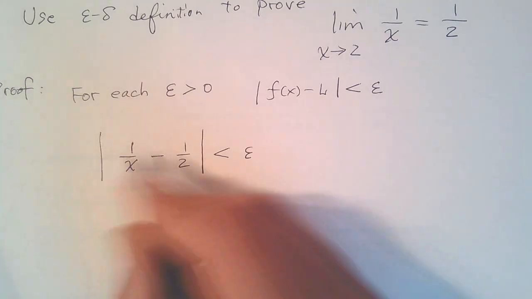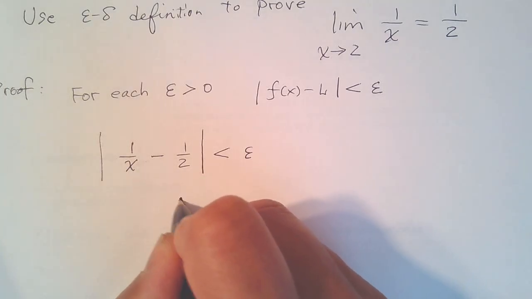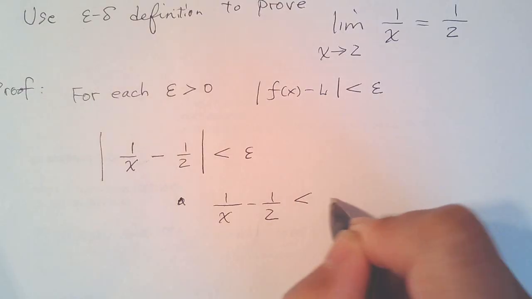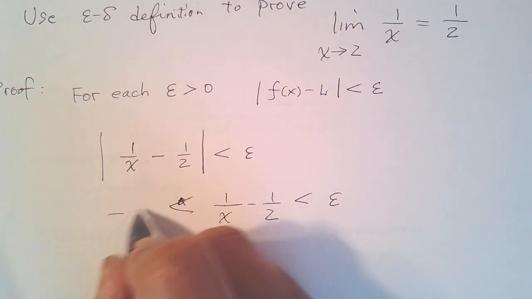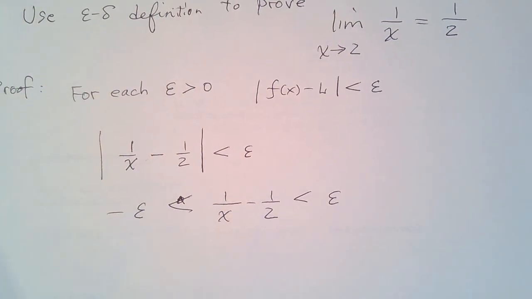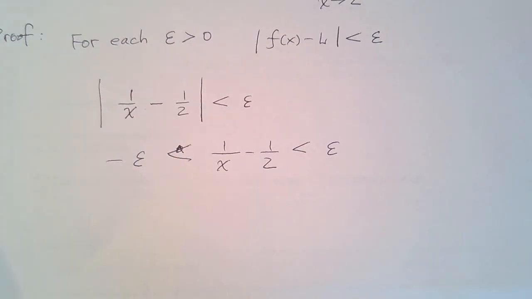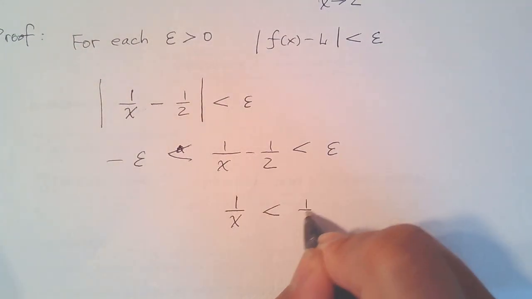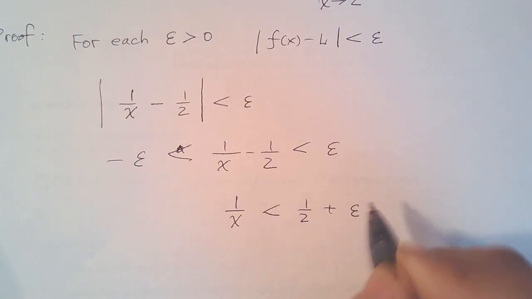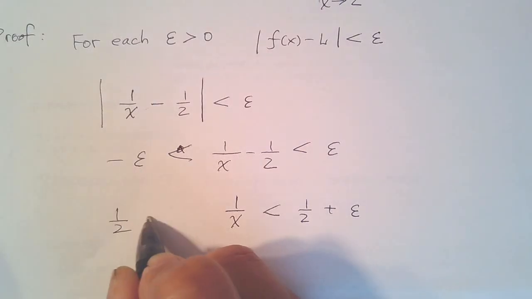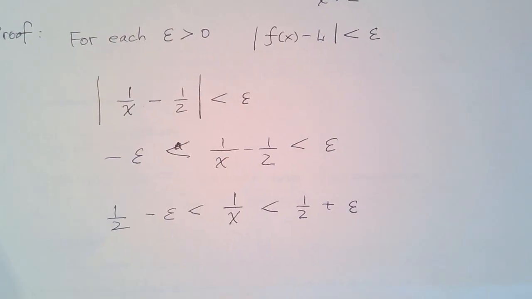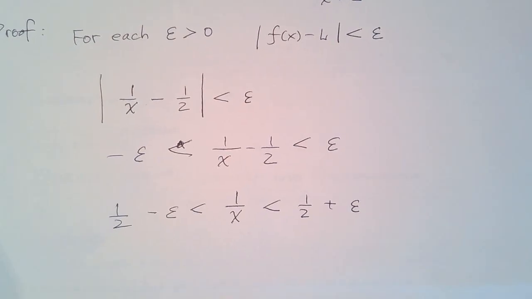All right, now we're going to simplify this a little bit. Since this is an absolute value, 1 over x minus 1 over 2 has to be between positive and negative epsilon. Plus 1/2 everywhere, so I get 1/2 minus epsilon less than 1 over x less than 1/2 plus epsilon.